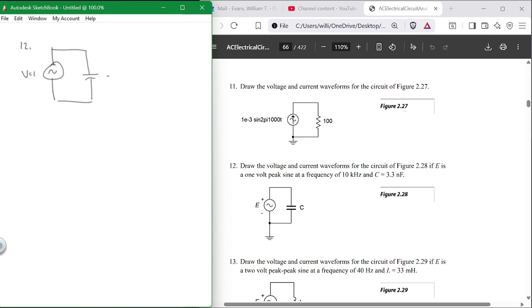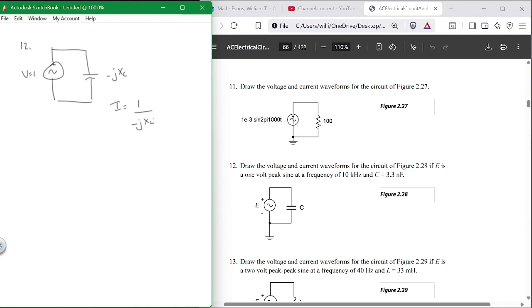So it's minus j X sub C. If our voltage is that, what is our current? I is equal to V1 divided by Z, which is minus j X sub C.